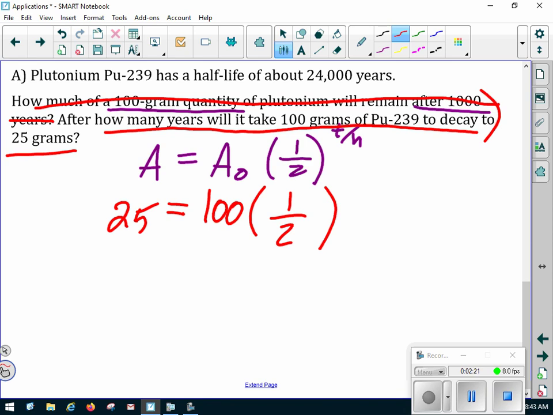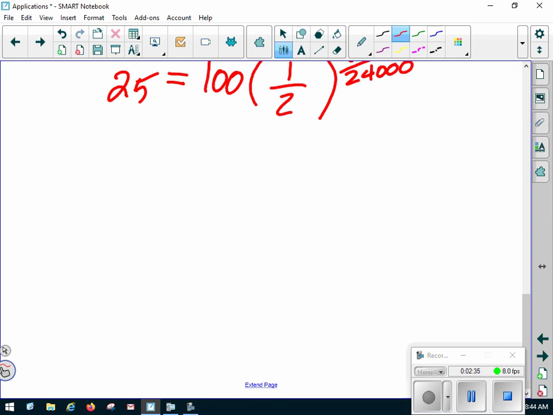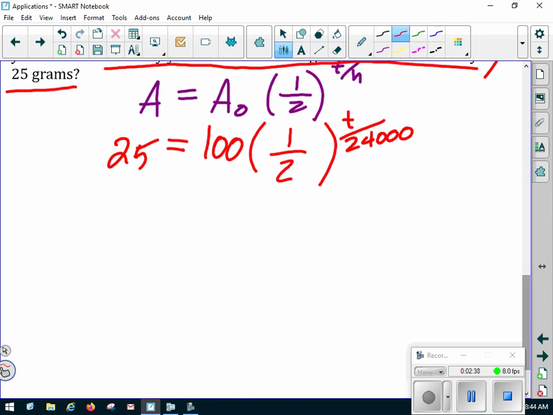We're looking for T. So what is H? H is the half-life, 24,000. Now, I'm going to show you a way to do this all on your calculator. You get the equation set up and we can put it in your calculator, okay?